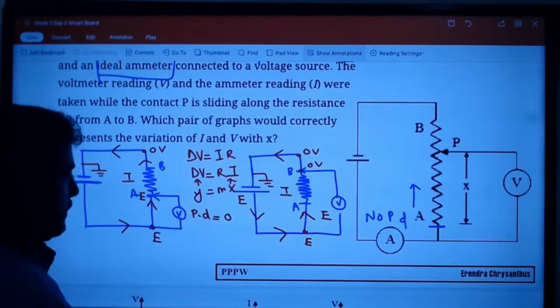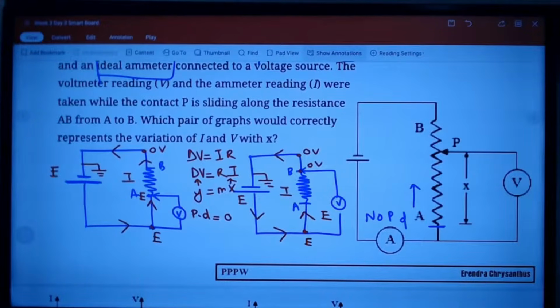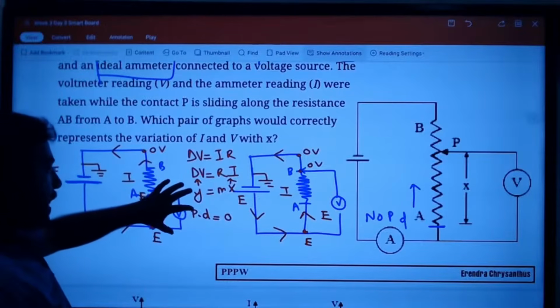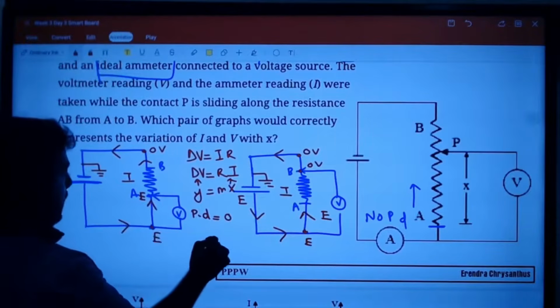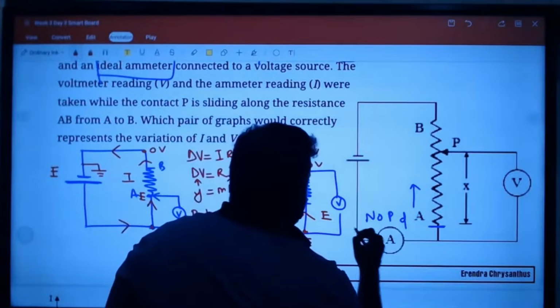From this, at A and B, we can find the potential difference.